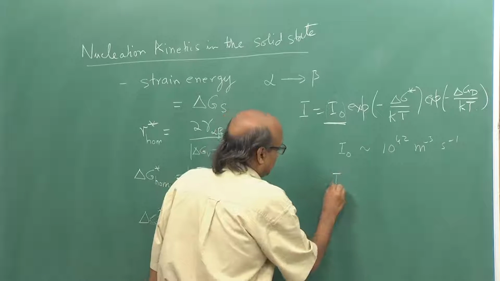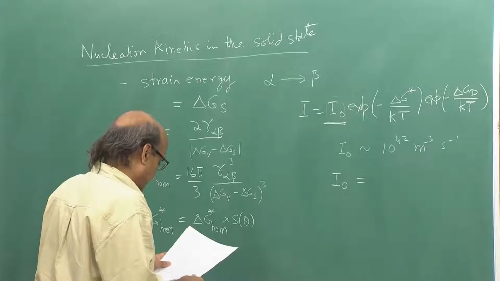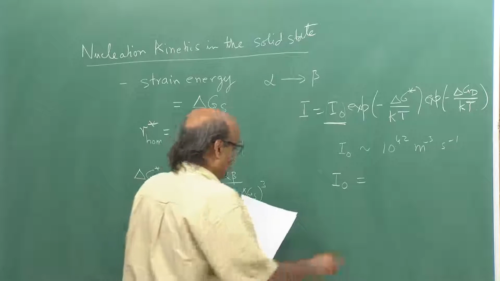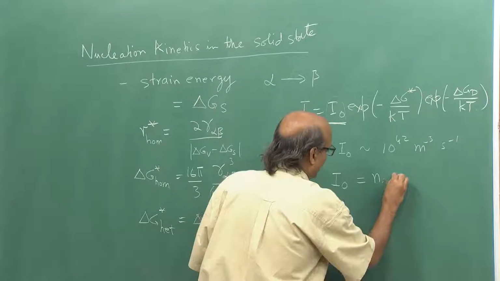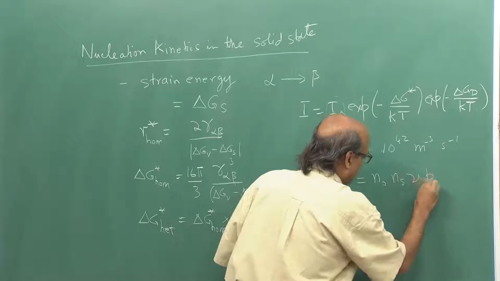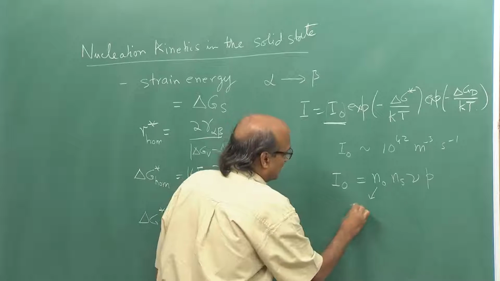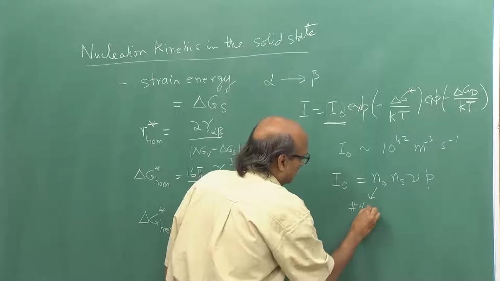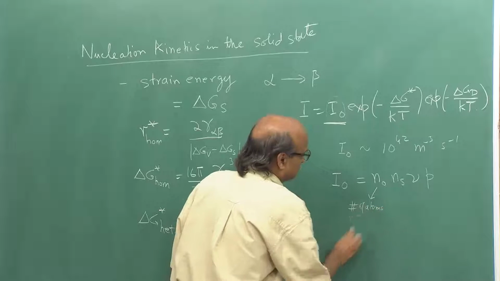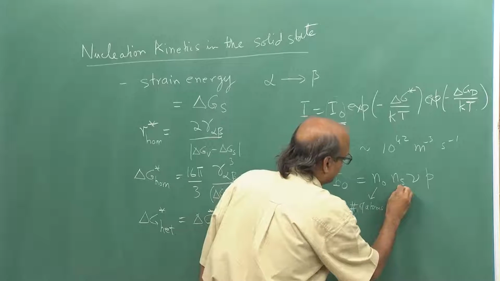Remember what I0 is from a previous, earlier lecture? I0 is N0 Ns nu times P. N0 is the number of atoms per meter cube.